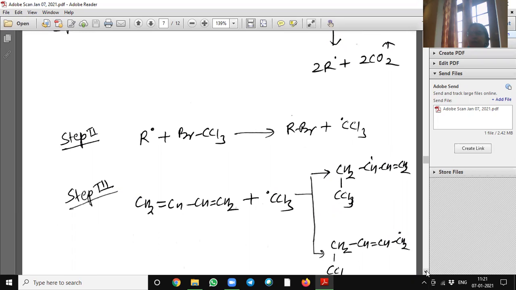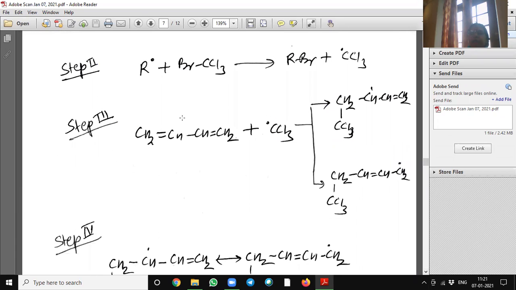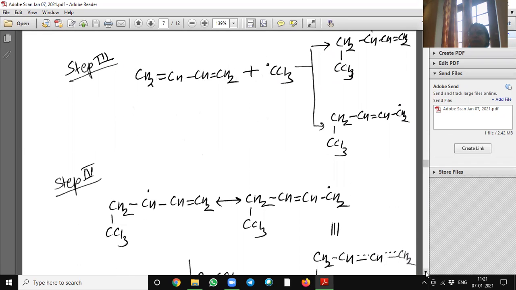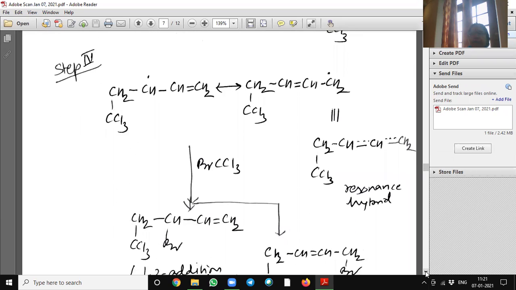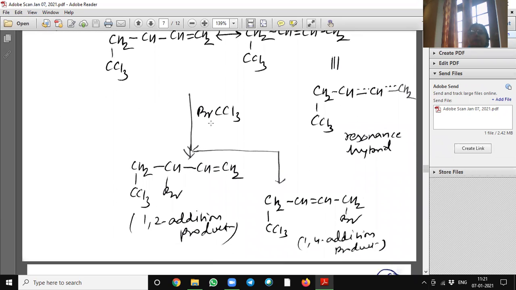This trichloromethyl free radical is reacted with 1,3-butadiene. It forms two types of free radical. As we know, the secondary free radical is more stable compared to the primary free radical. And this reacts with bromotrichloromethane and gives 1,2 addition product and 1,4 addition product.